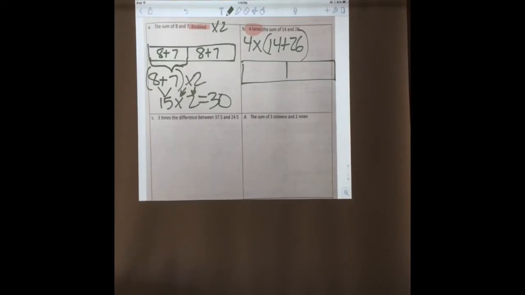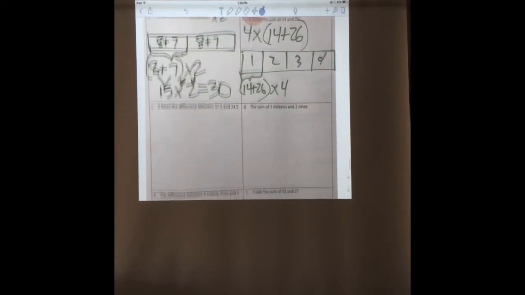I'm going to cut it in half, and then I'm going to half it again. That's going to give me 4, right? And then I draw it out like this, 14 plus 26. Okay? And then I'm going to times it by 4, because I have 1, 2, 3, 4 things, right? Does that all make sense? Yes. I'm not going to do that with you. I'm going to let you do it. All right? I'm just going to scroll on up.